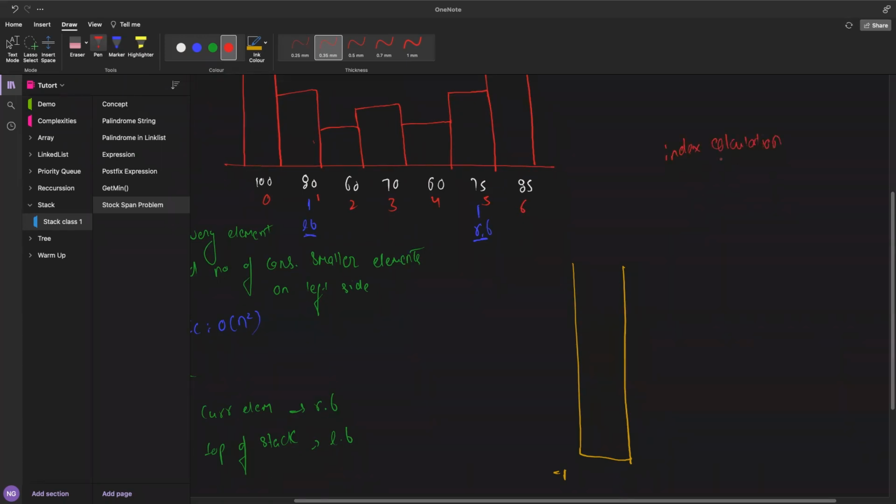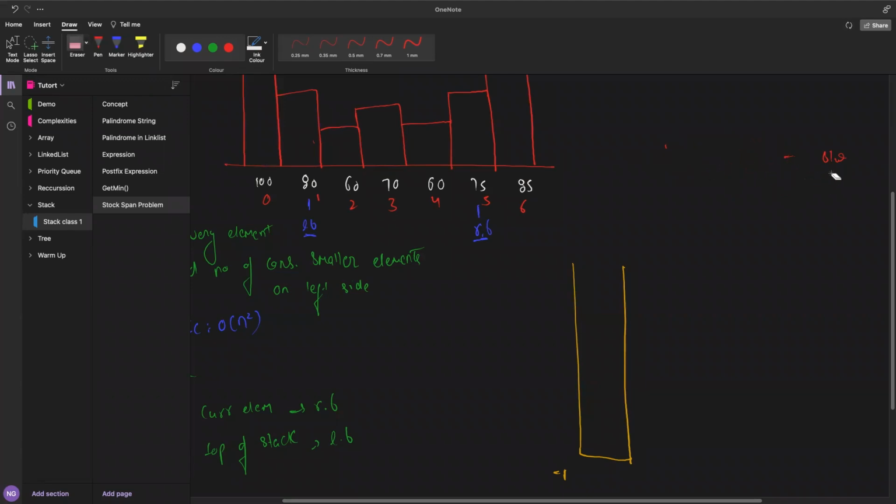Index calculation is nothing but finding the number of elements between two indexes. Cool. So let's develop the whole algorithm here.